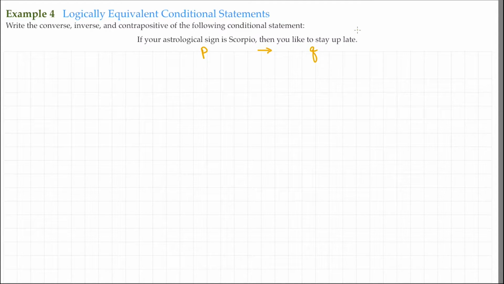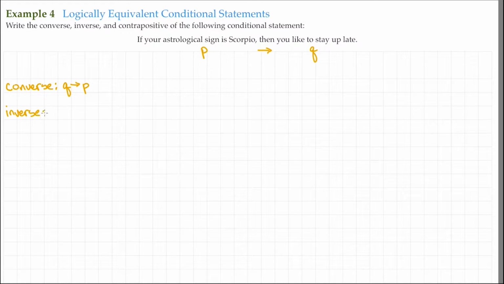Every conditional statement has three related statements that are associated with it. The first one is known as the converse. Sometimes I like to call it the reverse, because what it does is it switches the antecedent and the consequent. So then it becomes if Q, then P. The other related statement is the inverse.